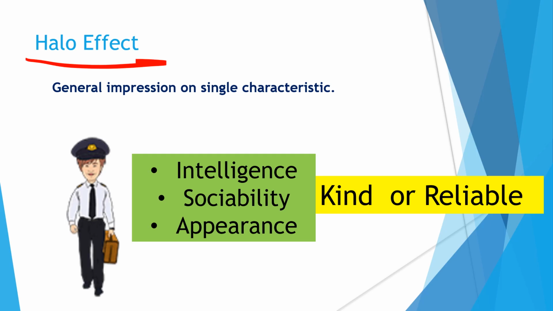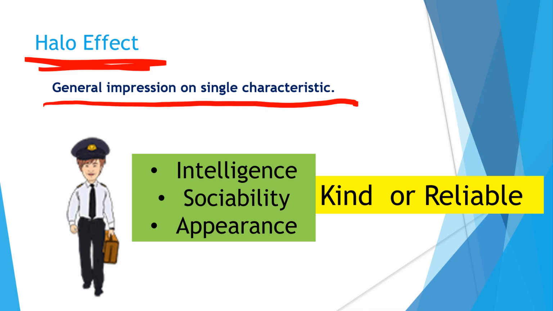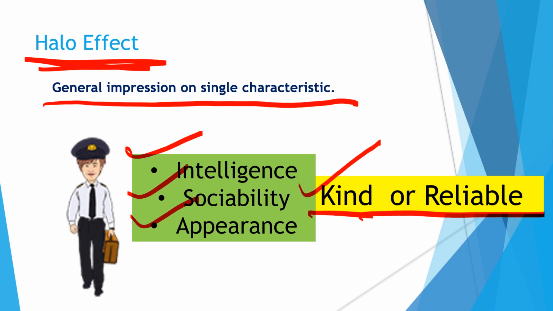Now let's talk about the next error, that is called halo effect. You must have heard about this term before. We all have the general ability to make a general impression based on a single characteristic. This happens many times. For example, on the basis of intelligence, sociability and appearance, we may draw a conclusion that the person is kind or reliable.